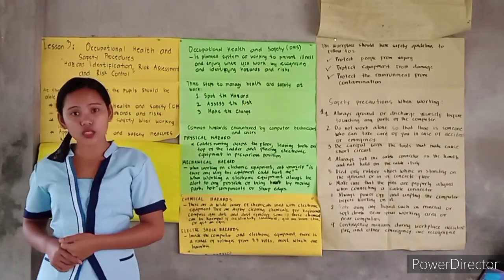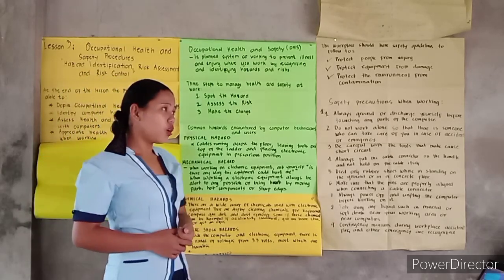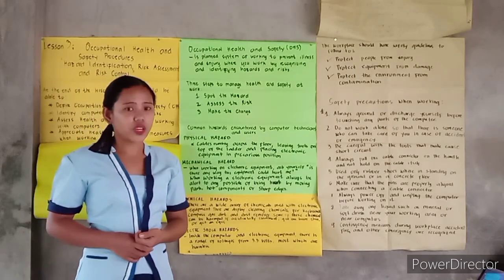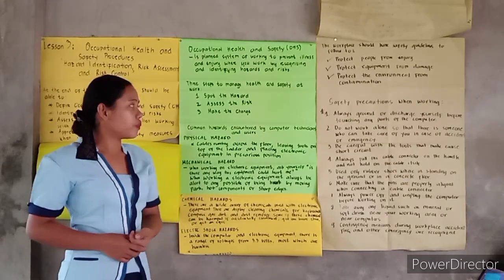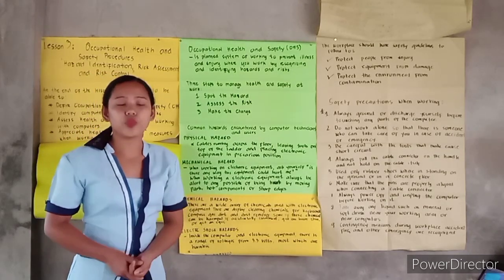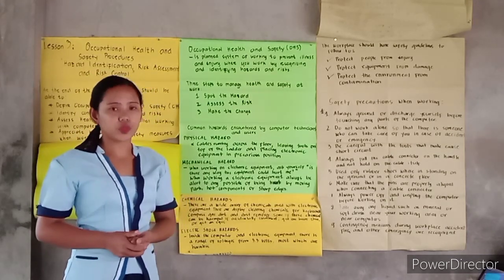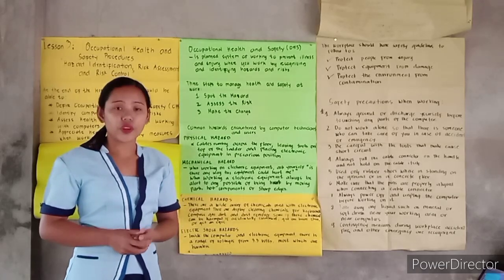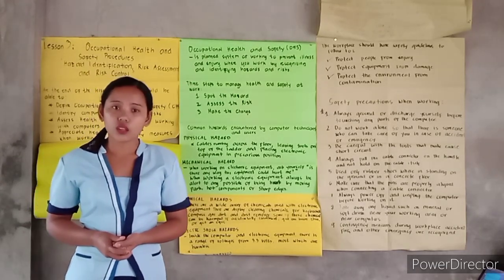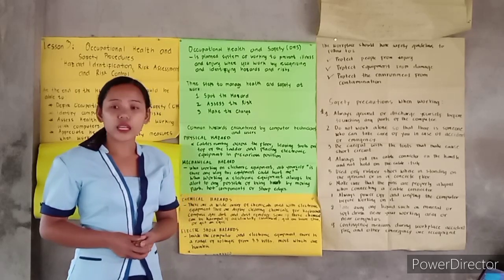The first is spot the hazard, or hazard identification. How would you identify the hazard? For example, in the workplace, a hazard is frayed electrical cords. It may cause what, class?